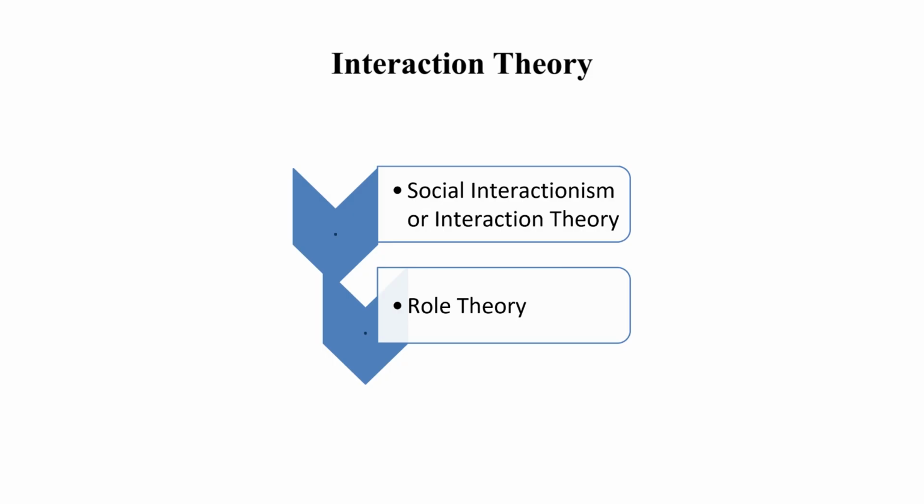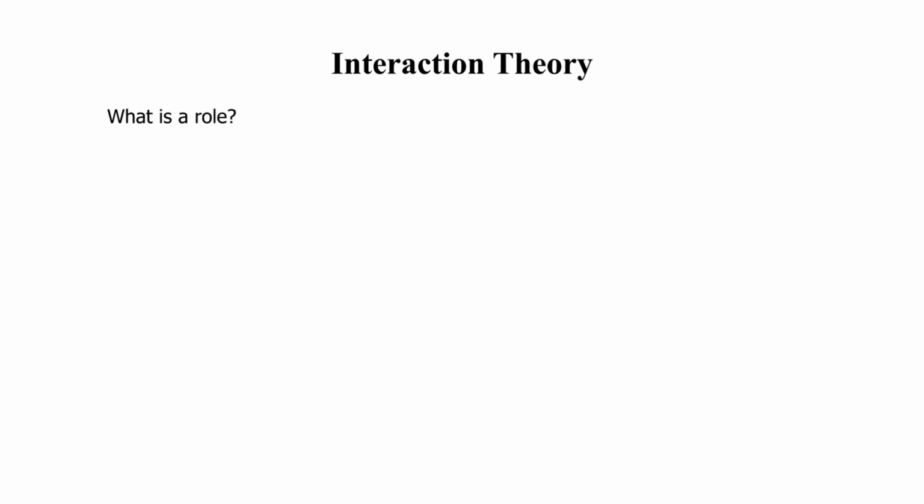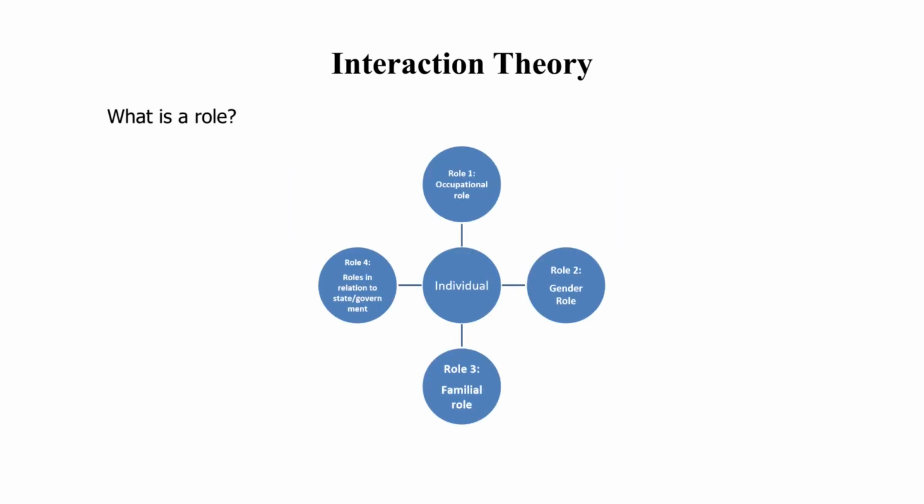Let us now look at what a role is. We will now streamline our discussion to first understand what a social role is. The diagram given indicates that an individual can occupy or perform multiple roles in a lifetime. I have mentioned a few such roles on the diagram, such as familial roles of being parents to children, of being a daughter, son, grandfather, uncle, aunt, or a niece.